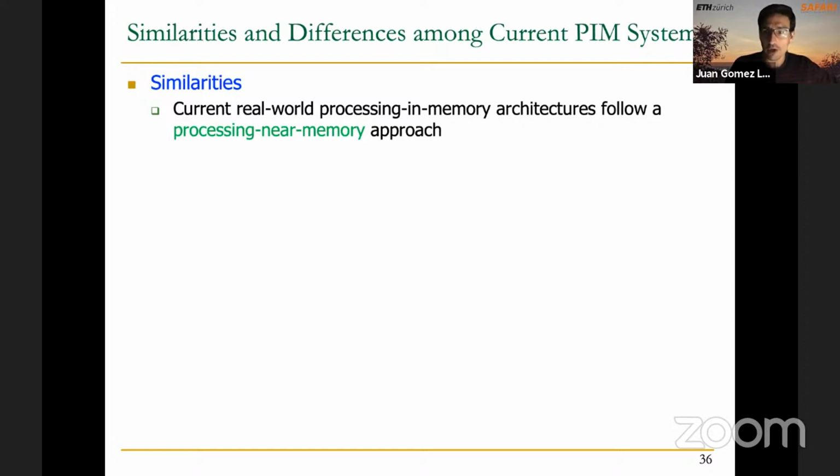Because essentially all of them are placing processing elements near the memory arrays, either the bank or the memory rank, as in AXDIMM, but it's a processing near memory approach. It's not going even closer to the memory cells and computing with the memory cells themselves, as some of the proposals that we discussed in the first lecture of this course, what we call processing using memory.